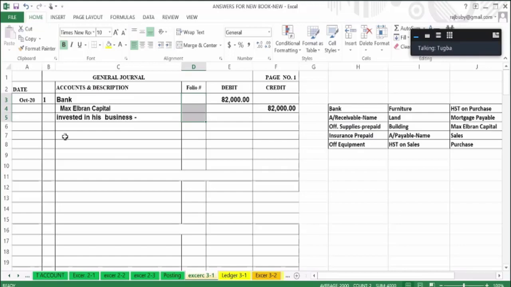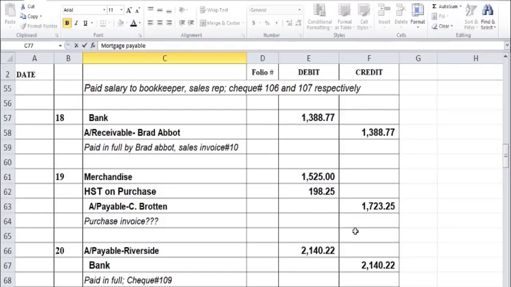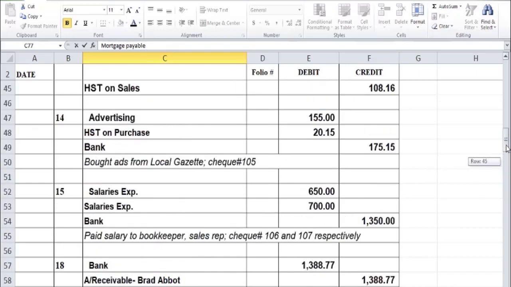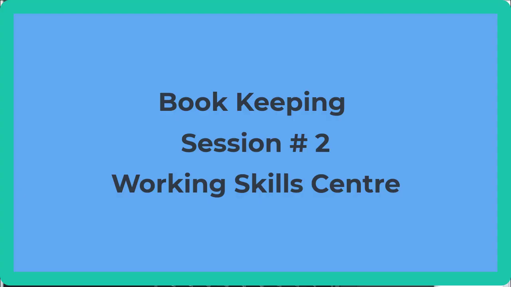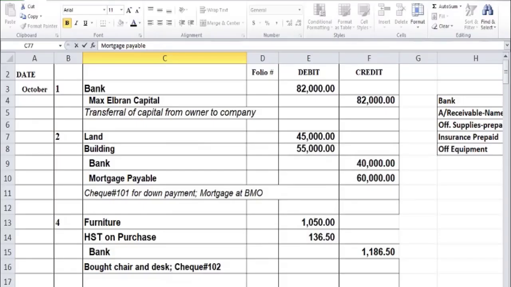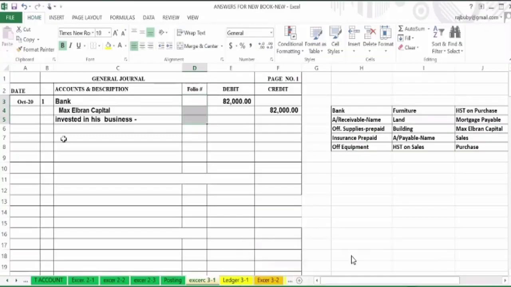The bank payment, and 40,000 is the down payment. Bought the land and the building, making a 40,000 down payment and signing the mortgage at the Bank of Montreal for the balance of 60,000. Value of the land 45,000. Value of the building 55,000.